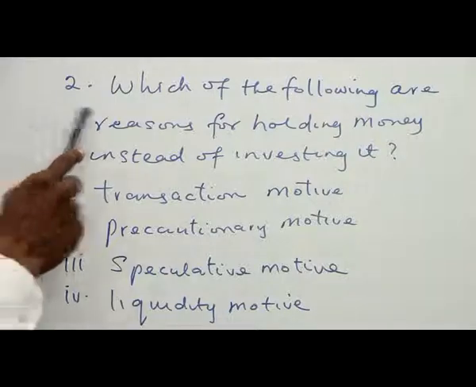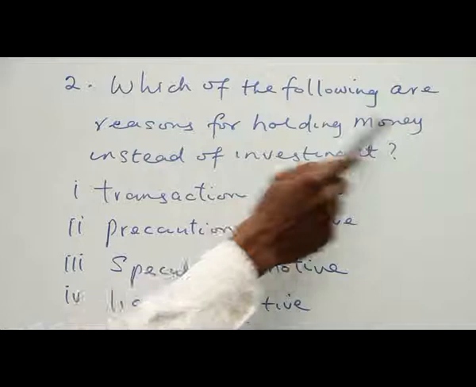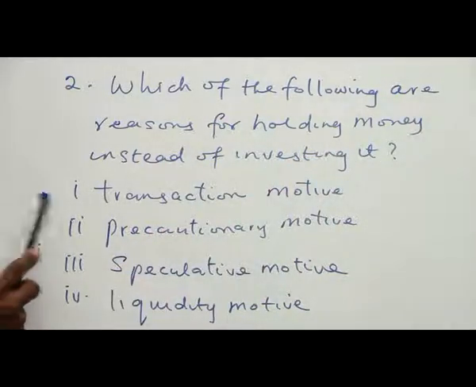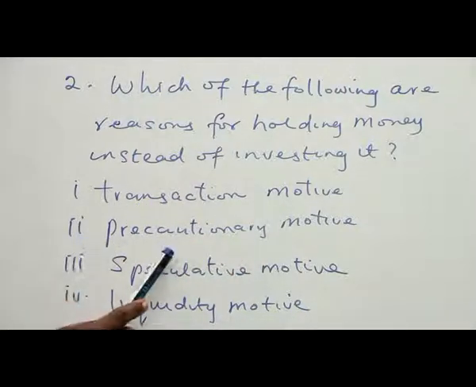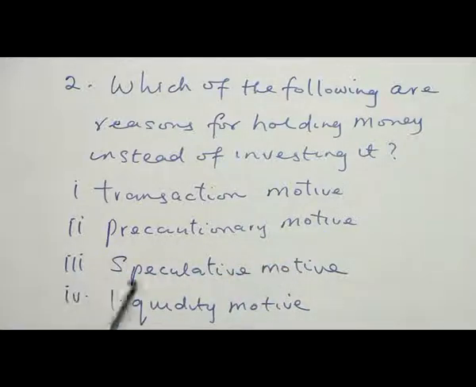Question 2. Which of the following are reasons for holding money instead of investing it? Roman figure 1, transaction motive. Roman figure 2, precautionary motive. Roman figure 3, speculative motive. Roman figure 4, liquidity motive.